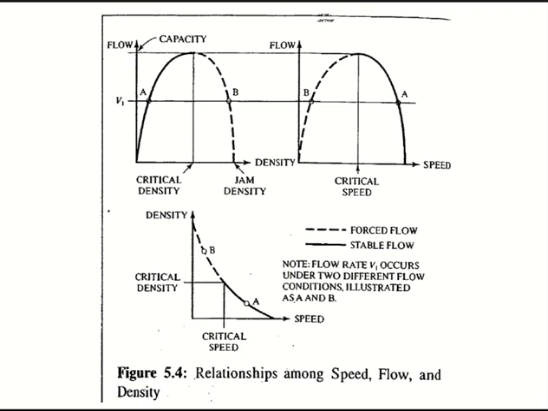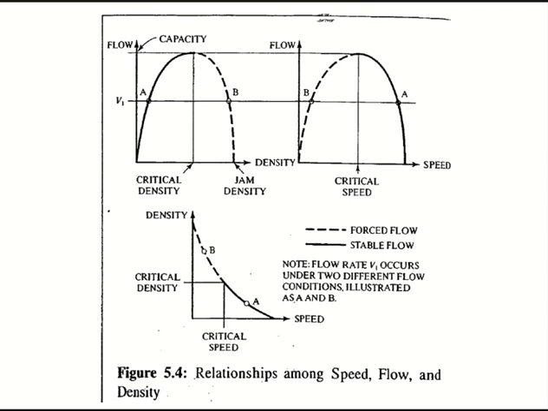Jam or queue. So now you see the queue is decreasing the flow. Up till here it was capacity, the flow increased. It reached the top point. Now there is a queue, so the flow will decrease, and then it will reach here where the flow is 0 and speed is also 0.